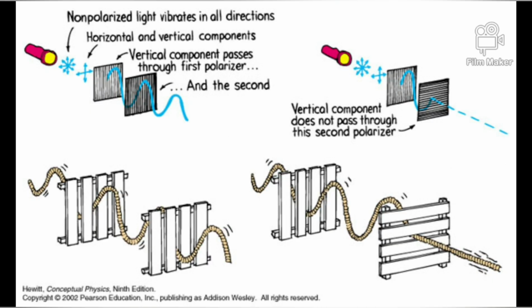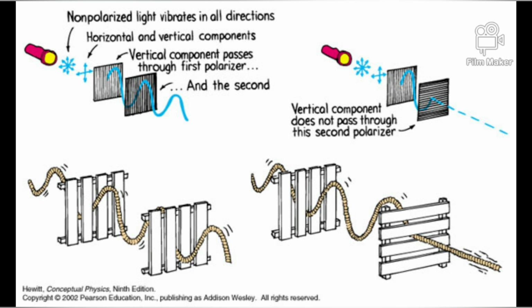The rope represents the electric field and the fences represent the polarizing filters. Looking at the left, two vertically oriented fences, we can see when the rope is vibrated vertically, the rope oscillates throughout.